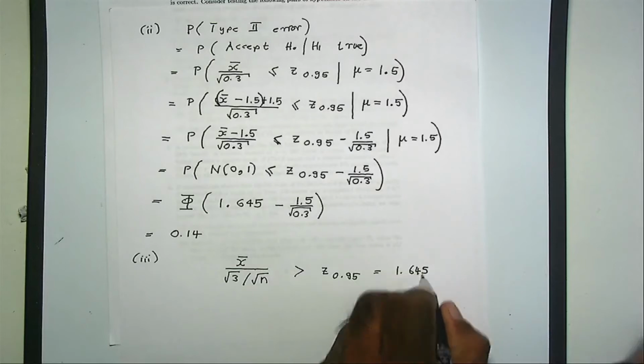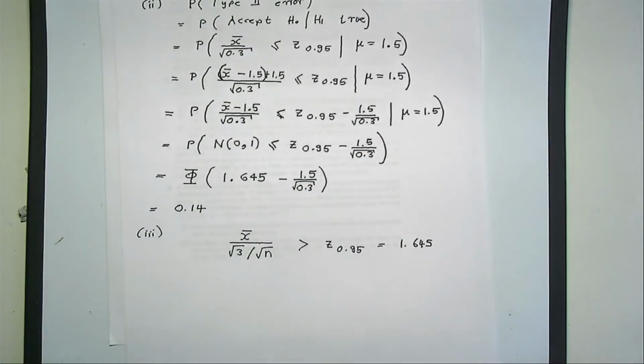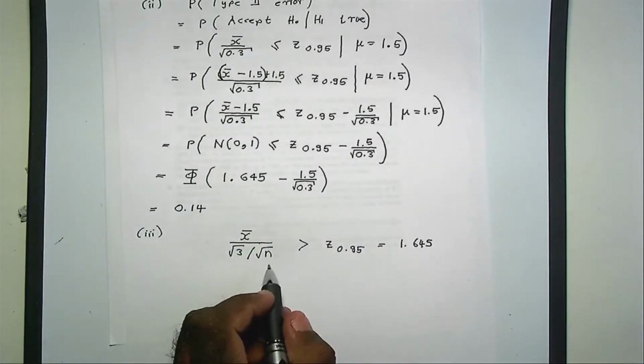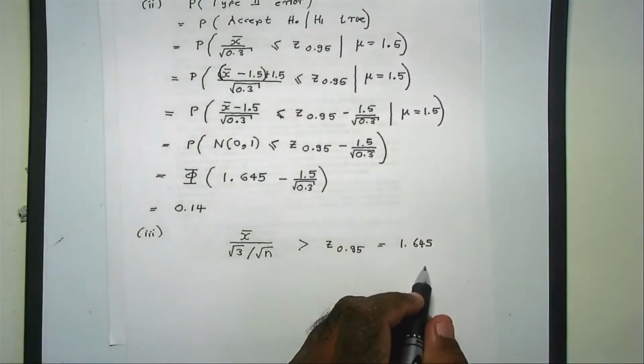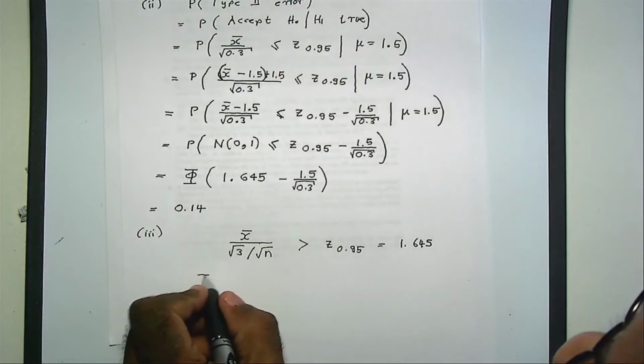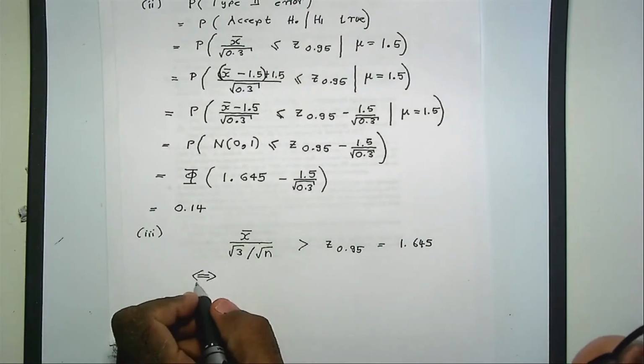In other words, we need to find n so that this, whatever this is, is greater than 1.645.